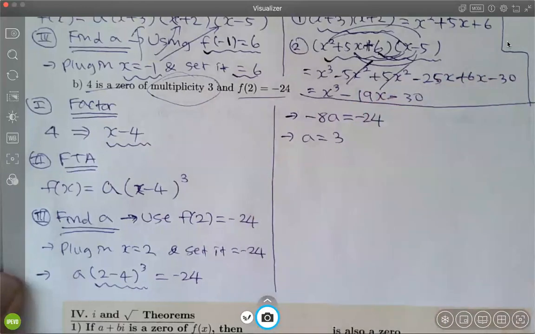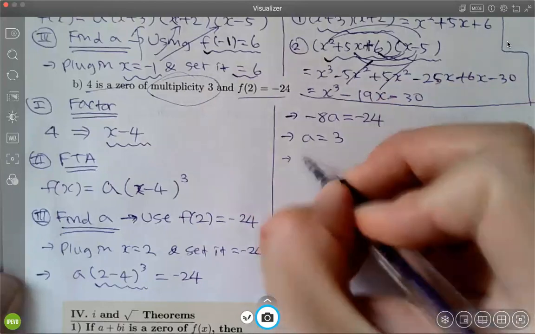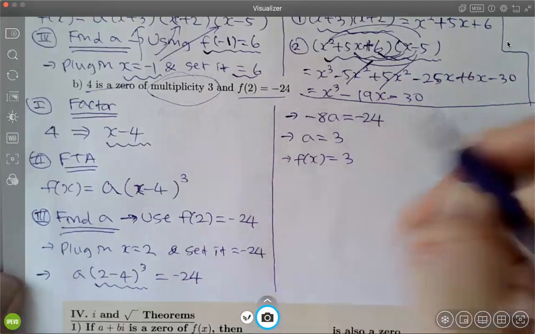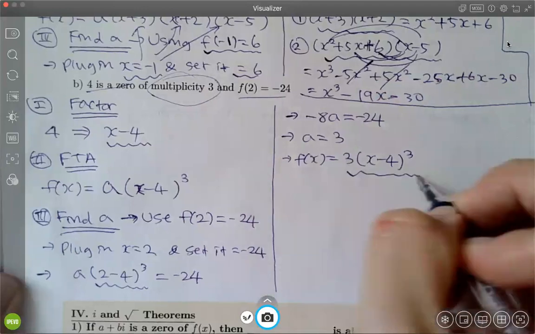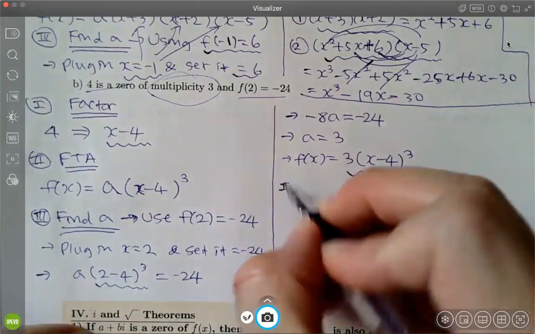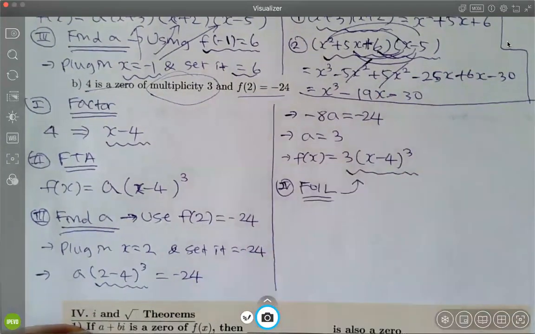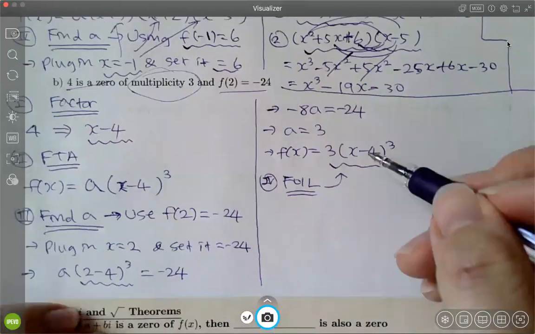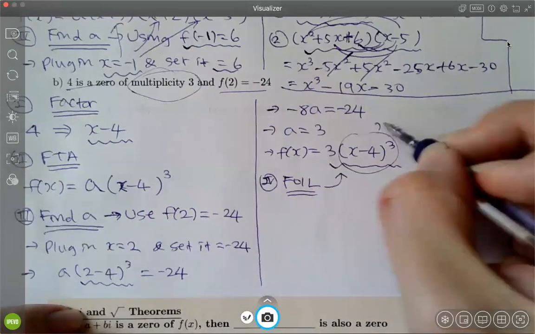Okay, so f of x is equal to what? 3 times (x minus 4) entire thing cubed, right? And now, just like before, that's not the final answer, because you now have to FOIL this. Now, you know you are doing the exponent first, but is this equal to x cubed minus 4 cubed?